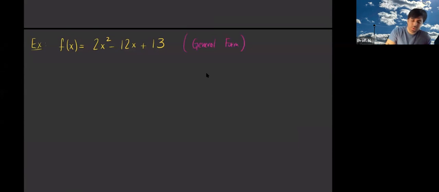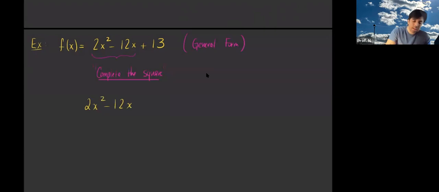Now, what do we normally do? We say, okay, take the first two terms here and complete the square. So I want to complete the square. Now, if I want to complete the square, I have to do something one step before. Normally, what do we say?